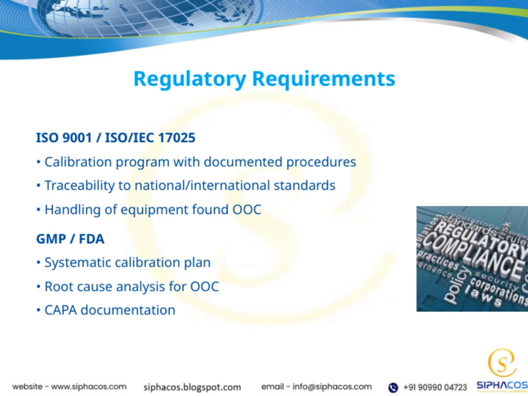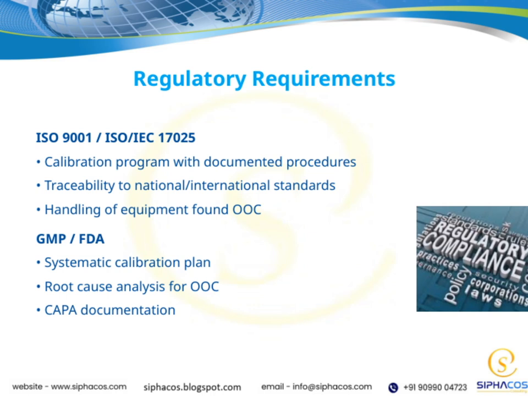Traceability to national or international standards is also critical, as it guarantees our measurements are accurate and comparable across different laboratories and regions. Additionally, we must have clear procedures for handling equipment that is found to be out of calibration, or OOC. Properly managing these situations helps maintain the integrity of our testing and calibration processes.